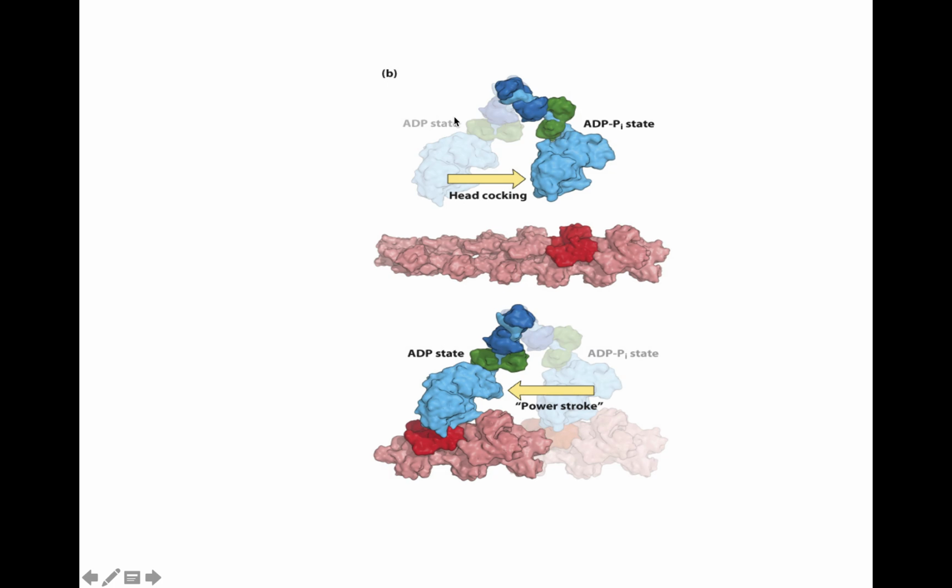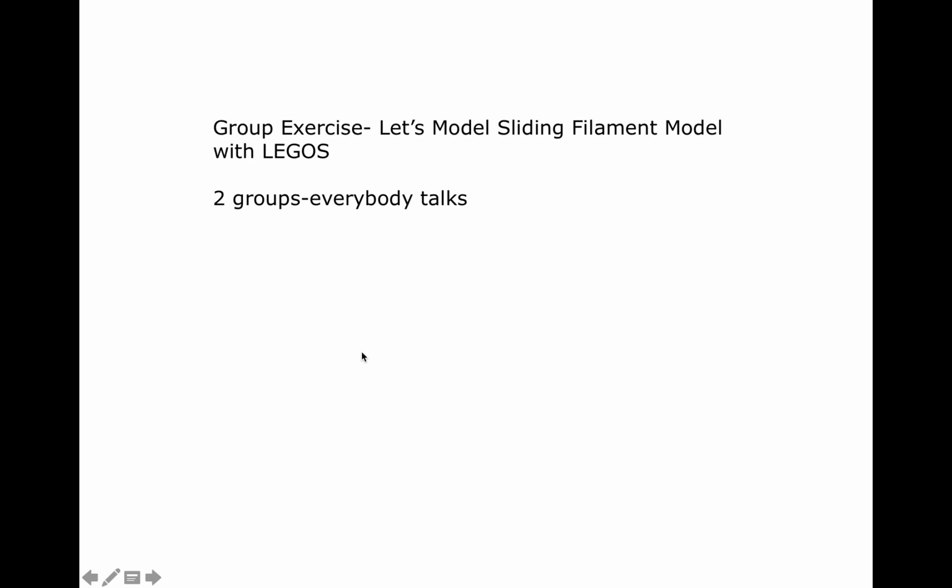ATP gets split to ADP and P, but ADP and P stay bound. It cocks its head forward and it looks like this. And then after phosphate is released, it looks like this, relative to the diagram above. So you can see this individual G-actin subunit is the one where it's going to bind, and then that will move to the left side of your screen there relative to where it was in the power stroke.